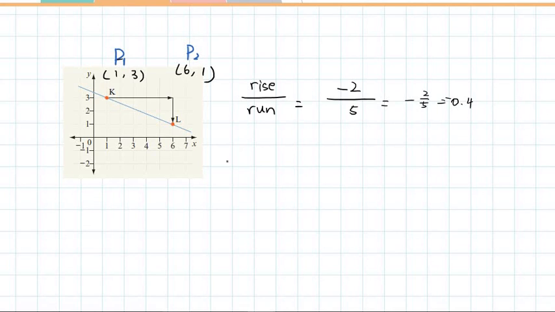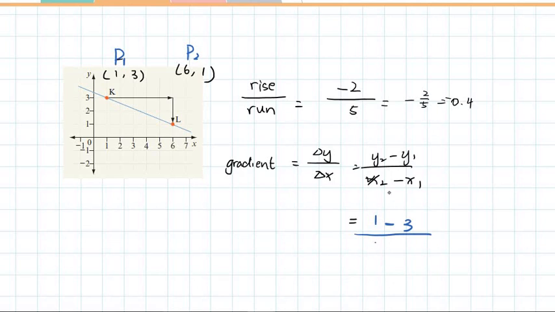But if we use our method, the gradient or slope is equal to the change of y over the change of x, which is y2 minus y1 over x2 minus x1. So that's 1 from the second point, take away 3 from the first point, and 6 from the second point, take away 1 from the first point.